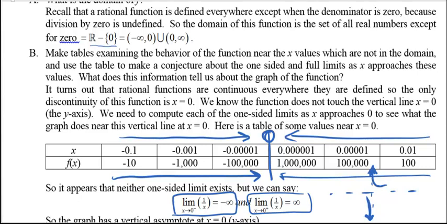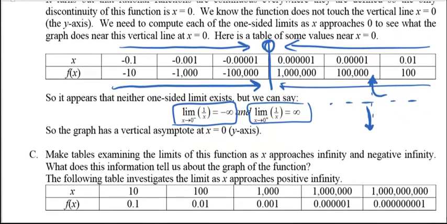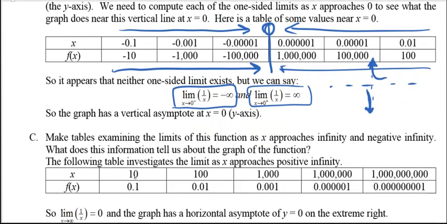Now if we look at our end behavior, and we let x get bigger and bigger here, x is 10, 100, 1,000, and so forth, then 1 over that is getting smaller and smaller. So this thing is going out here, approaching y equals 0, which is the x-axis, as we go to the far right.